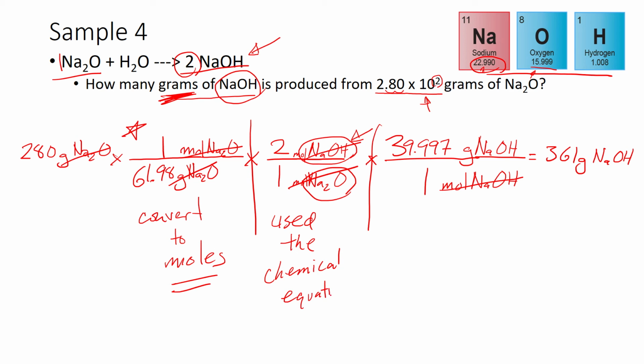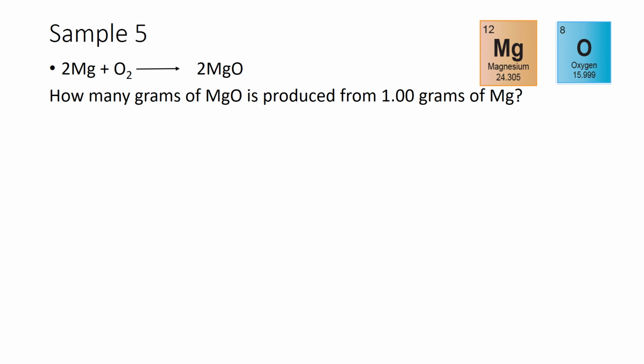Okay, let's do one last sample. Hopefully you guys are getting the hang of it. One last one. How many grams of magnesium oxide is produced from 1 gram of magnesium? This is basically the lab that we did where we burned that little strip of metal, right? Our given is 1.00 grams of magnesium.